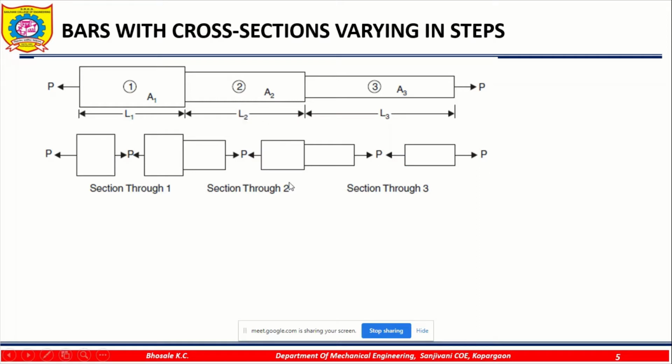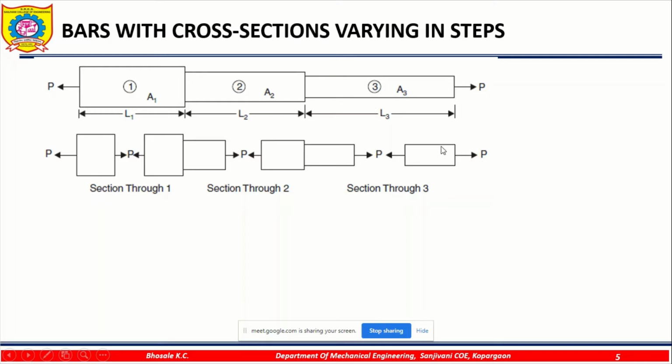So what we have to do first, according to the principle of superposition, is this: the first part, part number 1, we keep as it is. Then at the left end, whatever load is there, we have to apply the same load, value P, on this first part.